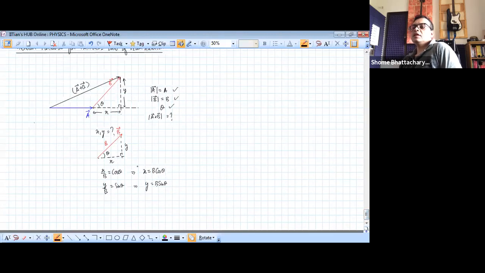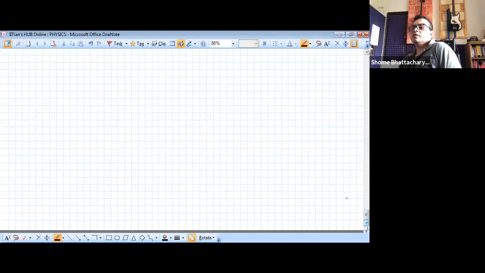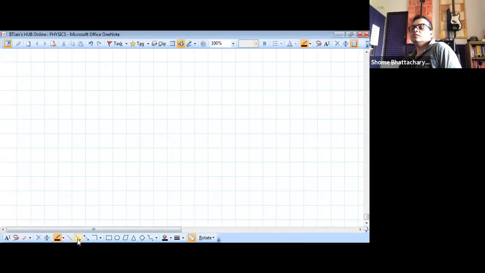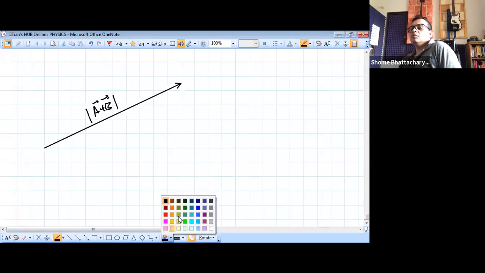Now next, what do I have to do? I have to calculate this side. So for that I will consider the larger right angle triangle. Coming back to the larger right angle triangle, you can see that this side is what we are trying to calculate. This side is the magnitude of A plus B, but that we will now express differently.